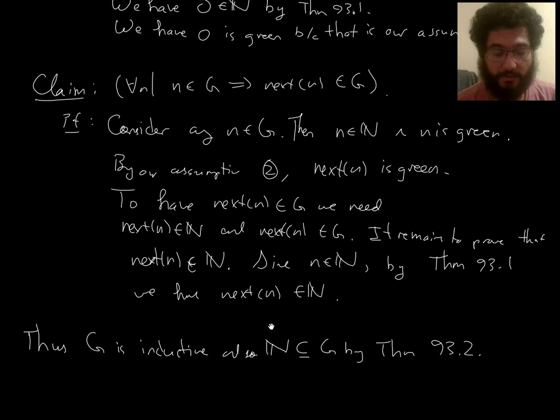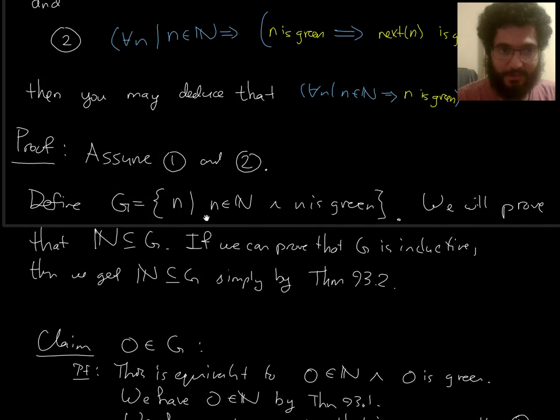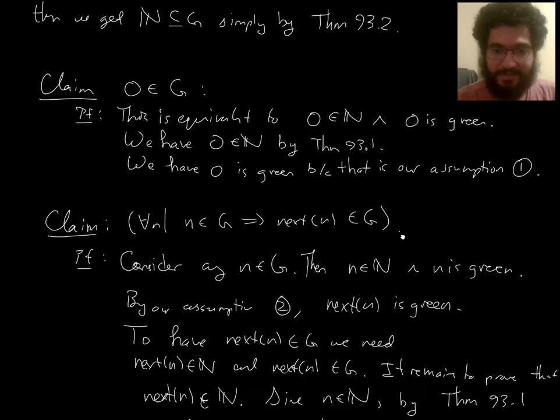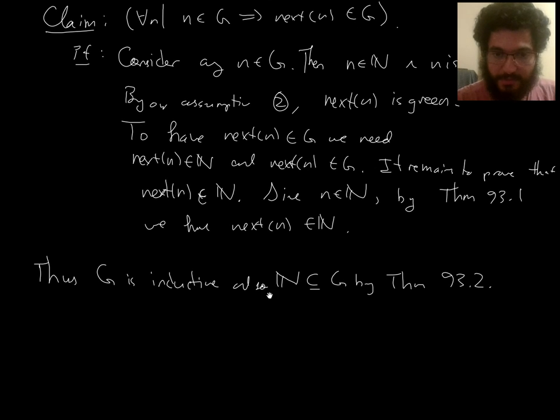So then, for all, well, let's make sure we actually reached our ultimate goal. The ultimate thing we were trying to prove is, for all n, if n is a natural number, then n is green. Is that literally the same thing as this? Not quite. It's close, but not quite. So let's just write out the full argument.